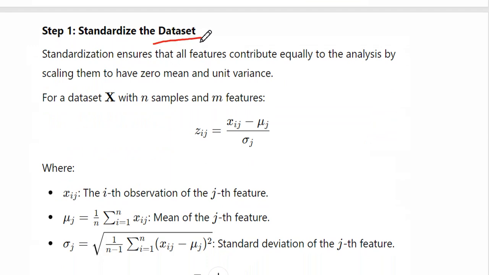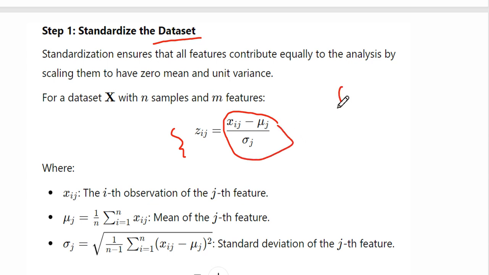To standardize the data set, we use one formula: Zij equals Xij minus mu j, divided by sigma j. This is the formula to standardize the data.